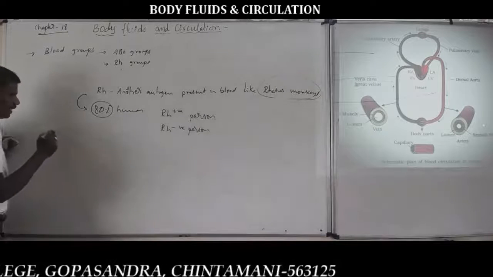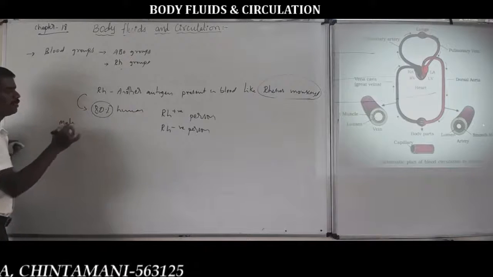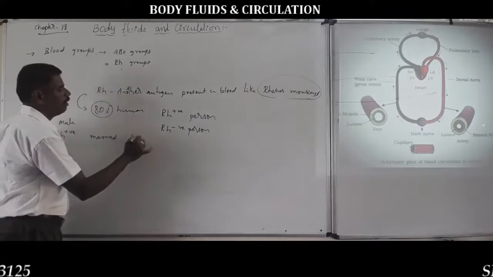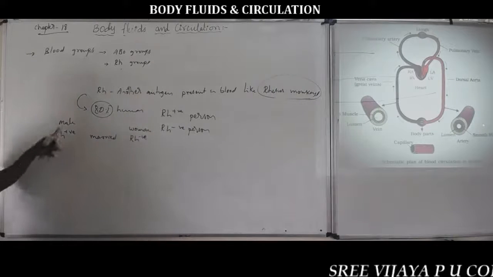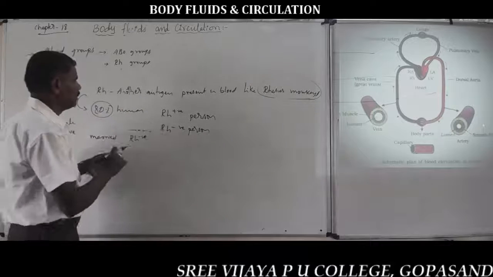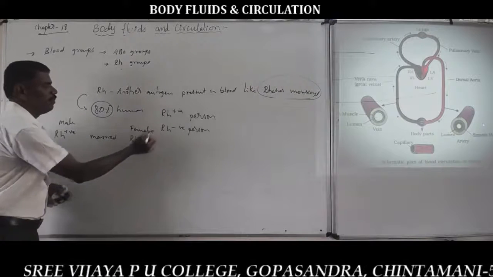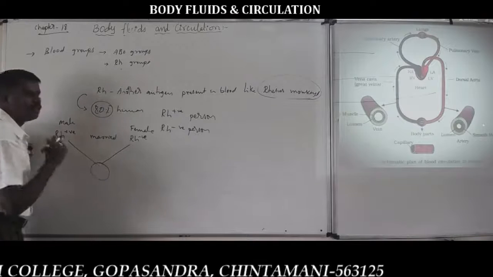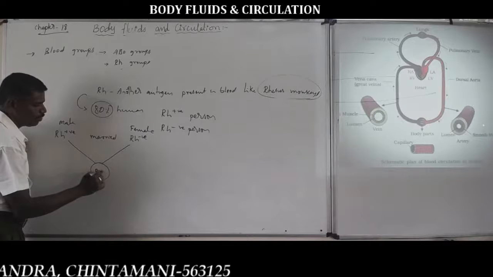So, just here, the Rh positive male who marries an Rh negative woman, while the progeny or offspring obtained by them must be an Rh positive person.